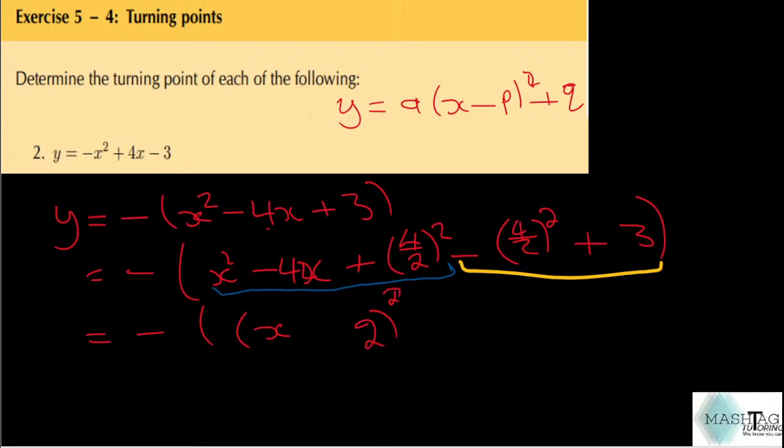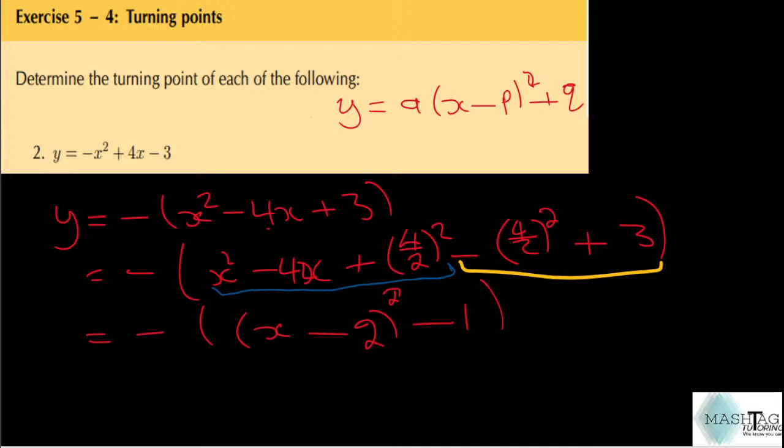And because these are negative, both your 2s will be negative, right? If you use a calculator, this is a minus, 4 over 2 is 2 squared. That makes it 4 minus 4 plus 3. That will be a minus 1. Then you put your bracket, right?